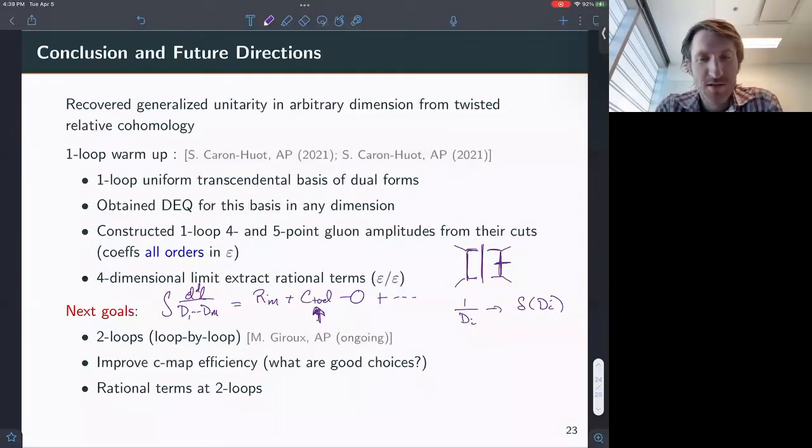So maybe I can ask a quick question. Looking forward, is the hope that this method will be more efficient to obtain these coefficients for higher loops than what we currently have, just because it's algebraic and much cleaner than doing integration by parts?